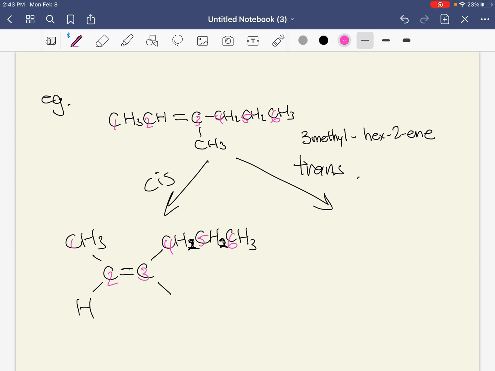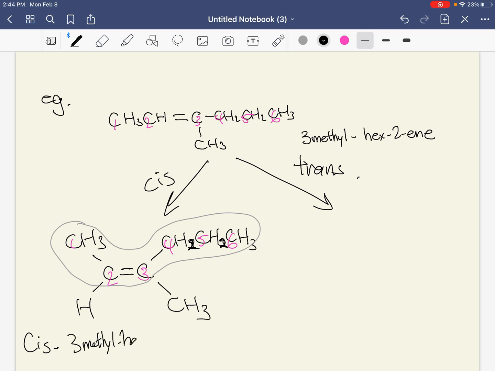I will put that lonely methyl group down here. There's the showing of both of your long chain pointing at the same side. Oh, lots of words here. So the answer of this, of course, is cis-3-methyl hextuene.